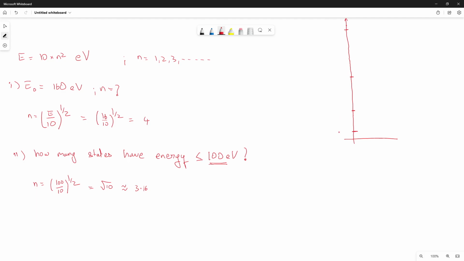So this is going to be 10 eV. This is going to be 40 eV. This is going to be 90 electron volts. And this is going to be 160 electron volts.